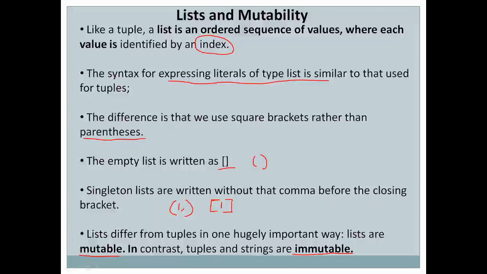Mutable means changeable, that is, we can make modifications to the contents of a list. In contrast, immutable means that after creation, modifications to tuples and strings cannot be done. So that is mutable and immutable.